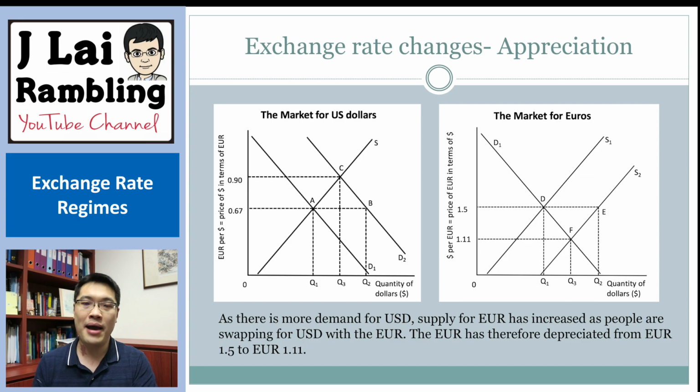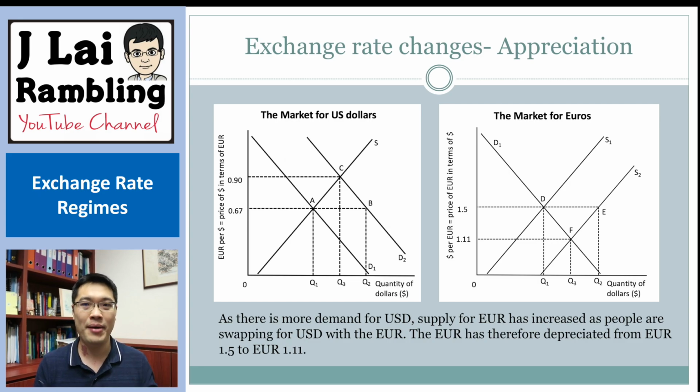The diagram on the right is the market for euros. And just like before, even when we have a shift in the market dynamics, it's basically a mirror image. As the demand for US dollars has increased in the diagram on the left from D1 to D2, people are buying more US dollars. What are they buying that with?